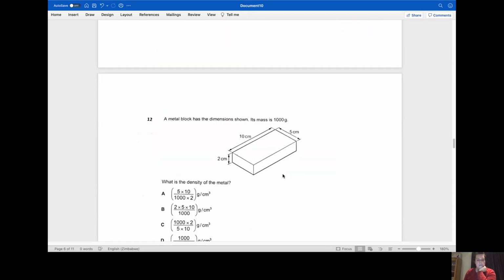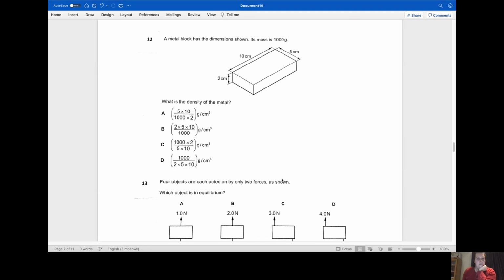Right, question 12. A metal block has these dimensions, 2, 10, and 5, and it has a mass of 1,000. What is the density of the metal? Density equals mass divided by volume. So it's not A or B because that's the wrong way around.